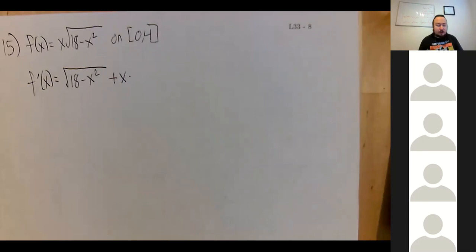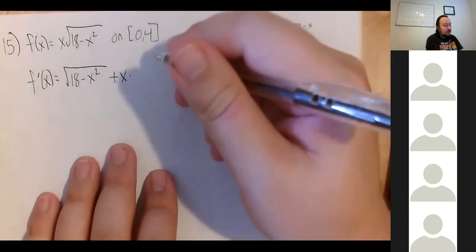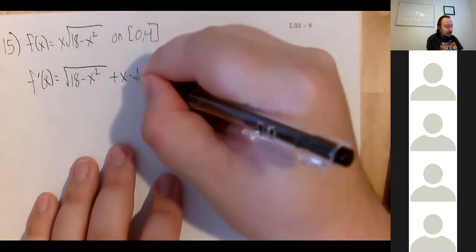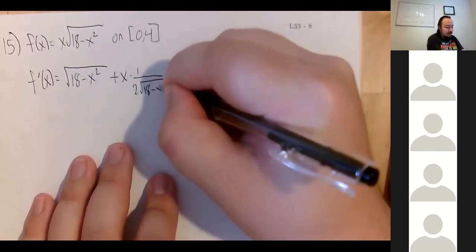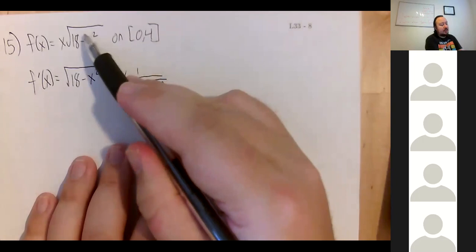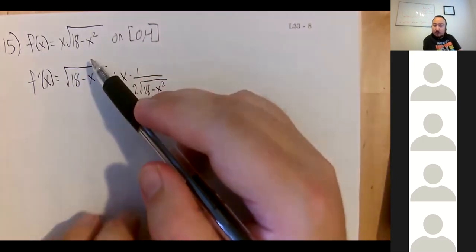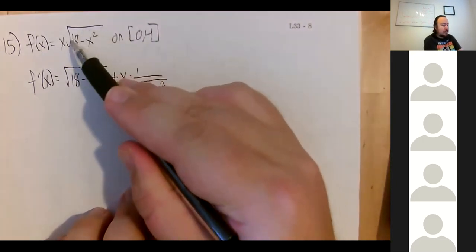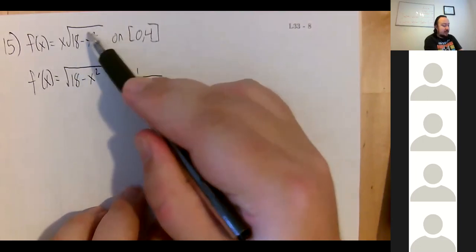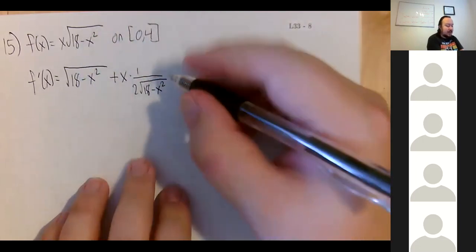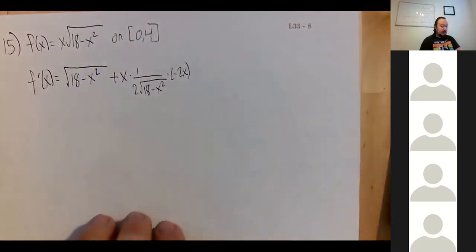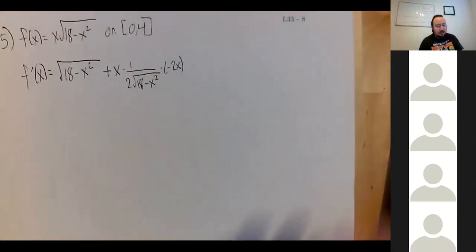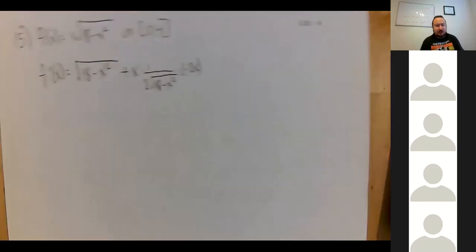Now, the derivative of square root of anything is 1 over 2, and then that square root. But then there was something that was plugged into the square root. So by the chain rule, we need to multiply by the derivative of this. And the derivative of my inside here will be negative 2x. So the derivative of 18 will be 0. All right, so there's my derivative.